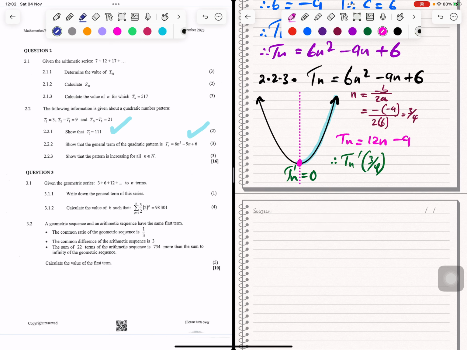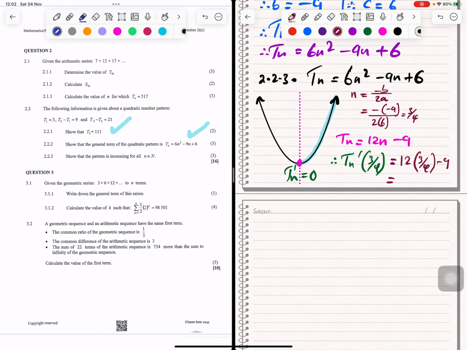So the derivative at this particular point is what? I'm going to substitute it now. Let's do it together. It's going to be 12 times n. N is 3 over 4, minus 9. That's going to give us 12 multiplied by 3 over 4 minus 9, which gives me 0.